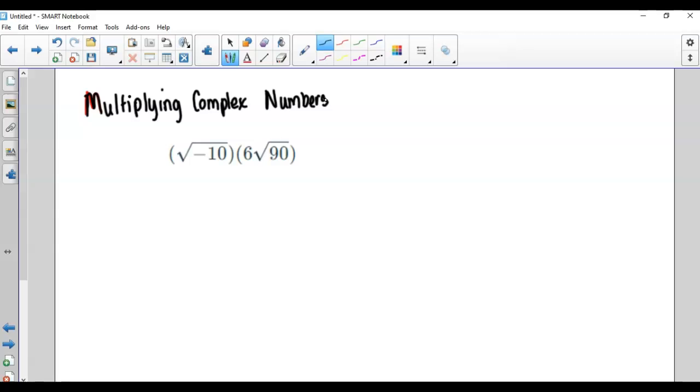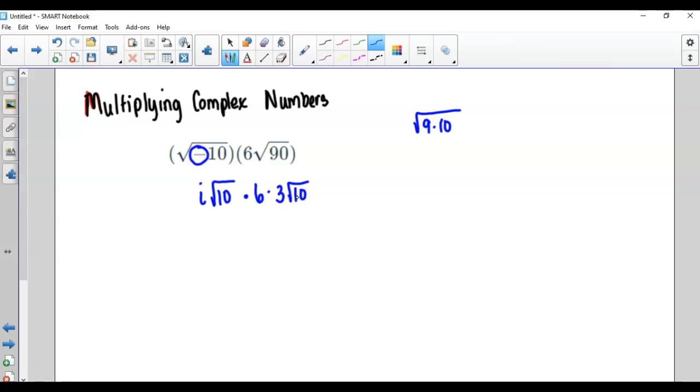You do need to make sure that you get any negatives out from under the square root first. And really, especially in this situation, it's going to be a little bit easier if we just go ahead and simplify a little bit first. So first, the square root of the negative here is going to be i. I cannot break down 10, so I'm just going to leave it as the square root of 10. Over here, I've got the 6, and 90 I can break down. I can break down 90 into 9 times 10, and the square root of 9 is going to be 3, and I have to leave the 10 underneath the square root.